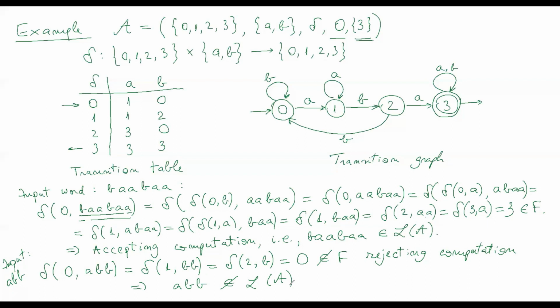And we don't really have the tools to handle this, but we will get them next week. In fact, we can calculate, and you will be able to do that by the end of next week. The language of this particular automaton can be described as being exactly this.